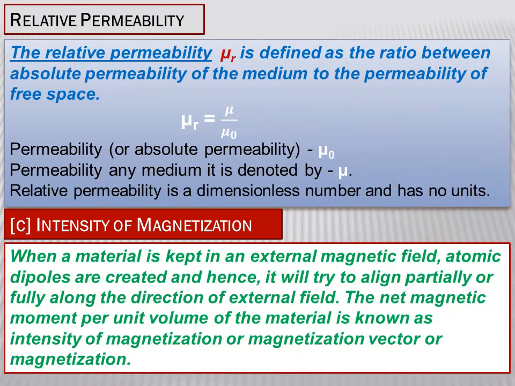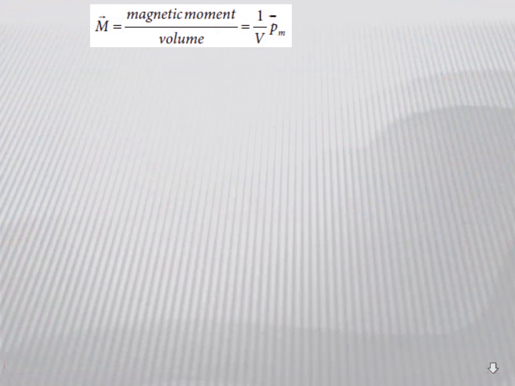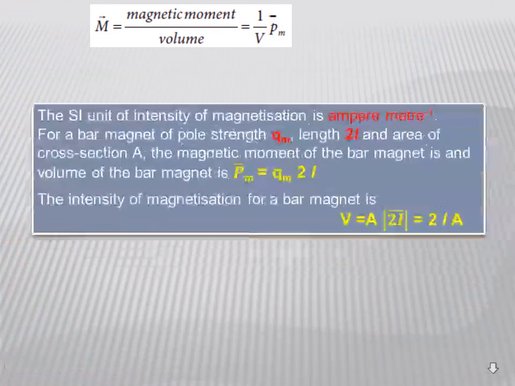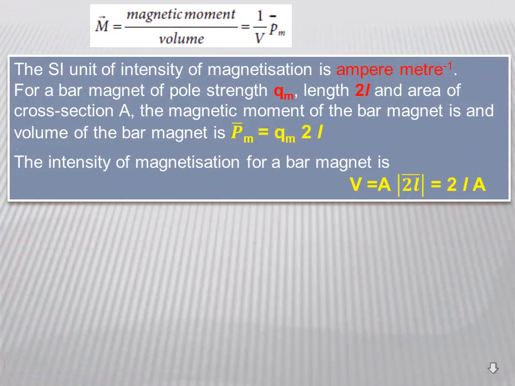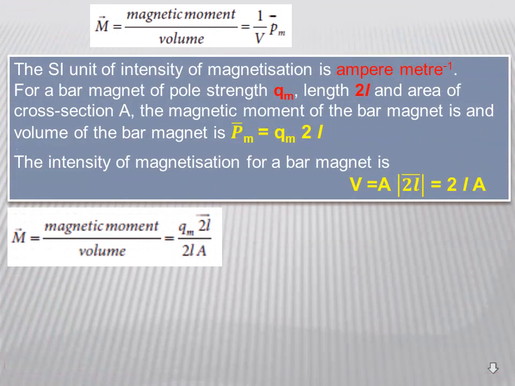The net magnetic moment per unit volume of the material is known as intensity of magnetization, or magnetization vector, or magnetization, which is termed M vector, equal to magnetic moment divided by volume, which is equal to 1 by V into p_m vector. Now the SI unit of intensity of magnetization is ampere meter^-1.